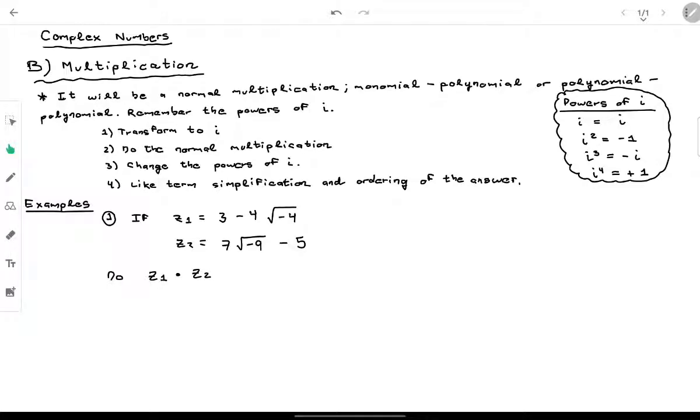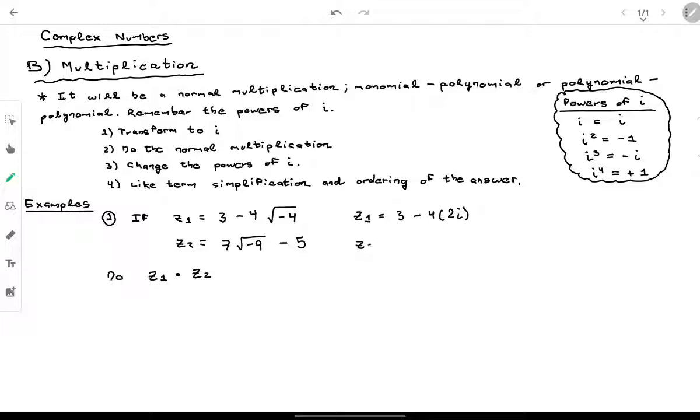So let's see some examples of complex number multiplication. In this first one, we have two values of c, and we need to do c1 multiplying c2. So the first step is to change c1: it's going to be 3 minus 4 that multiplies i, the root of minus 4.